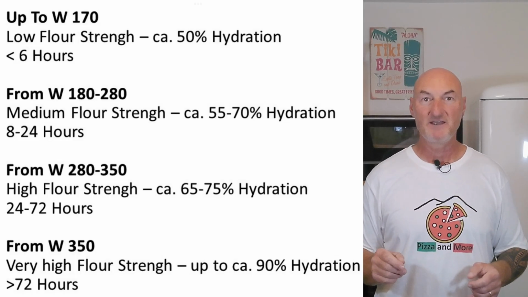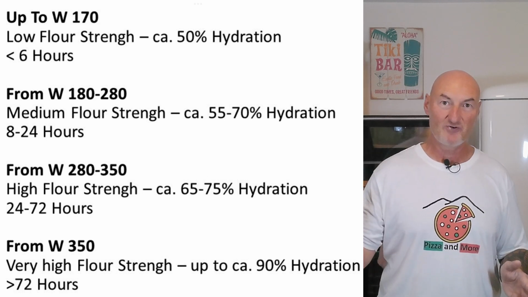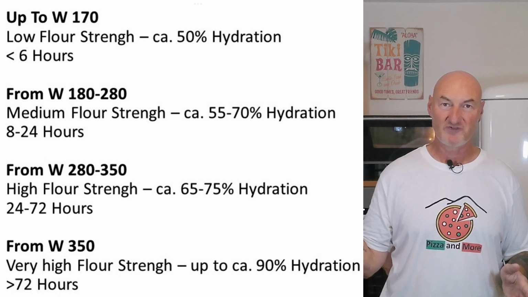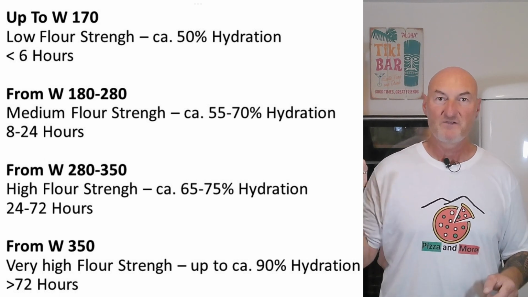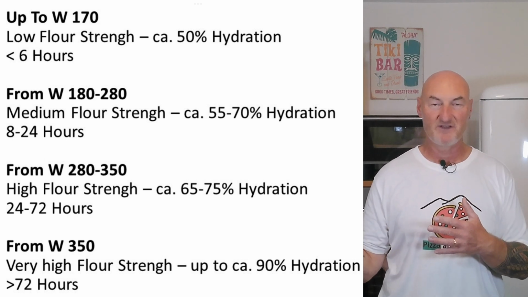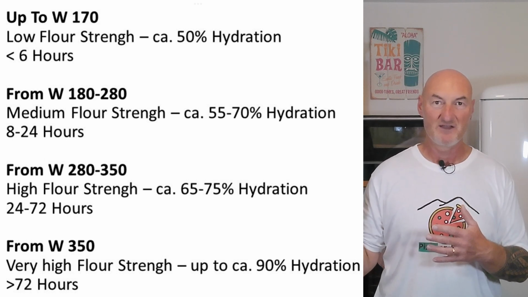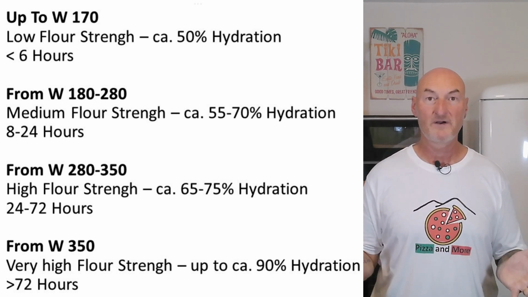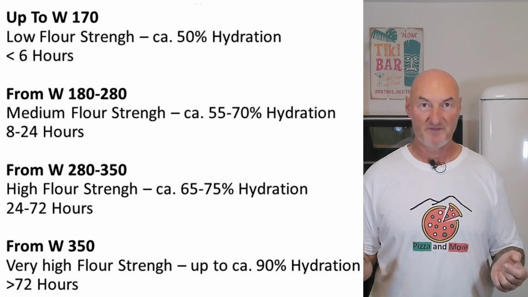But which W values are now strong or not that strong? In this list you can see W values and the water they are able to take over. Up to W 170 we speak of a very low W value or low baking strength.